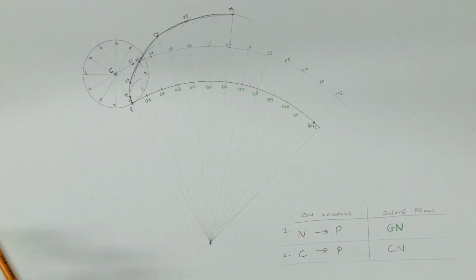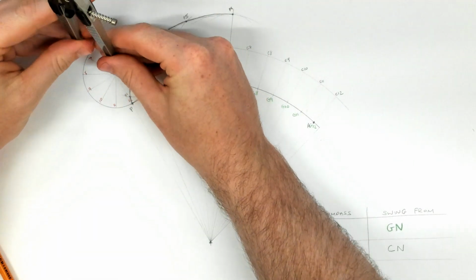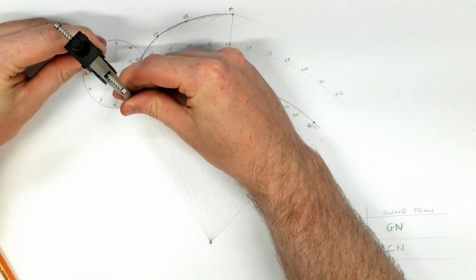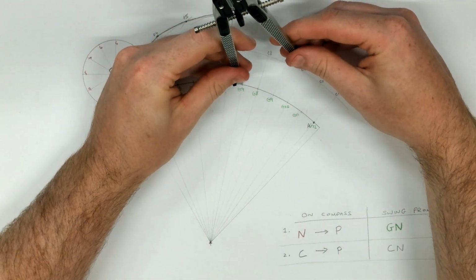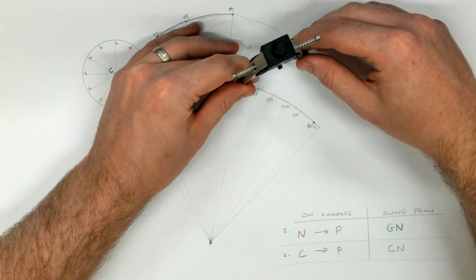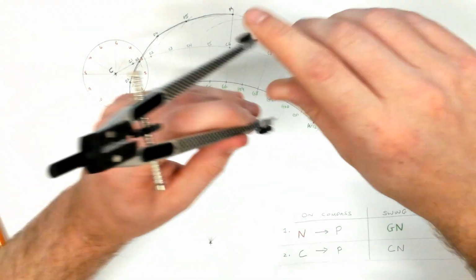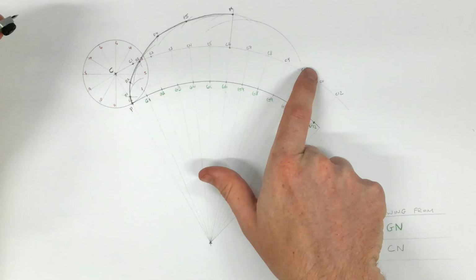So what we're going to do is take from point 7 to point P, swing that from G7. Okay, so a big arc up here. I'm also going to show you an issue you might run into here as well. So this here is my arc for 7.